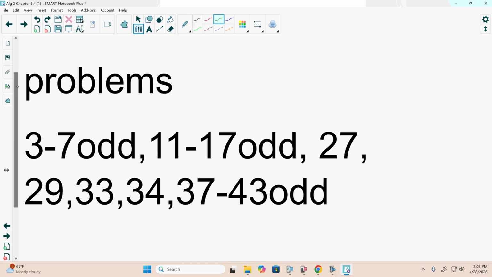And that is 15 problems. It does look like it is a lot more than that, but 3 through 7 odd, 11 through 17 odd, 27, 29, 33, 34, 37 through 43 odd.